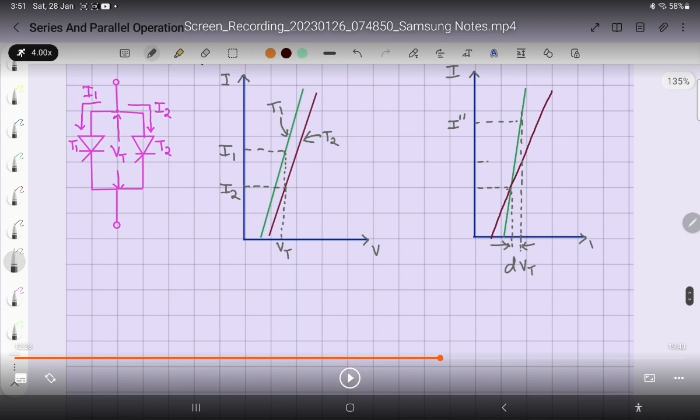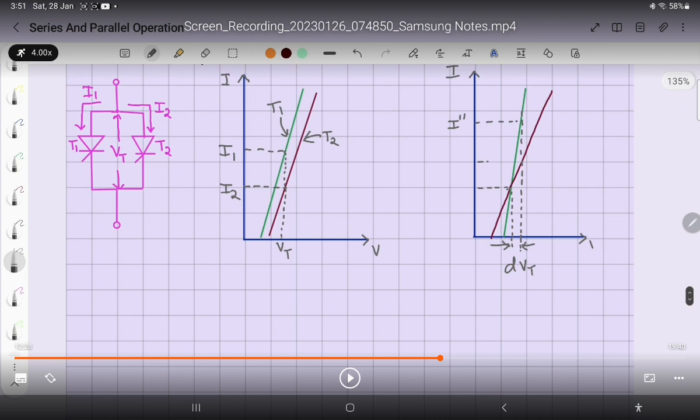You know, as the current shared by any thyristor increases, it heats up fast. At the same time, its dynamic resistance is also going to decrease, so it will draw even more current.